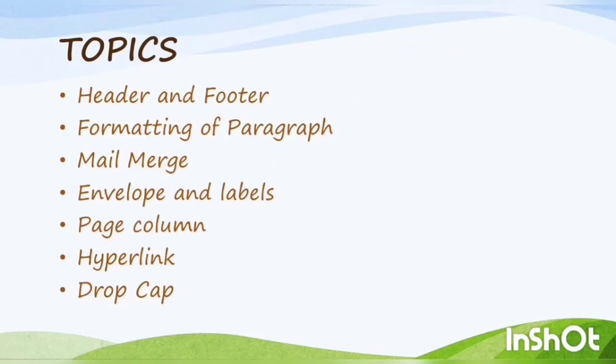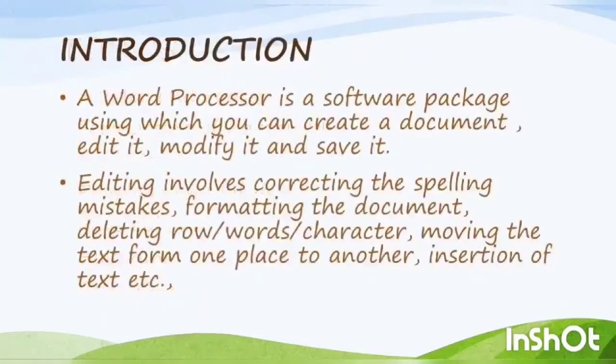Before we start our session with the topics, let us start with a small introduction of word processor. A word processor is a software package using which you can create a document, edit it, modify it and save it. We generally use a Word document to type out a letter or any of our assignments or projects.